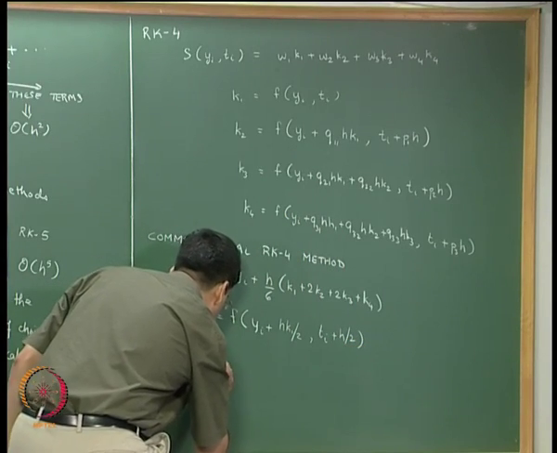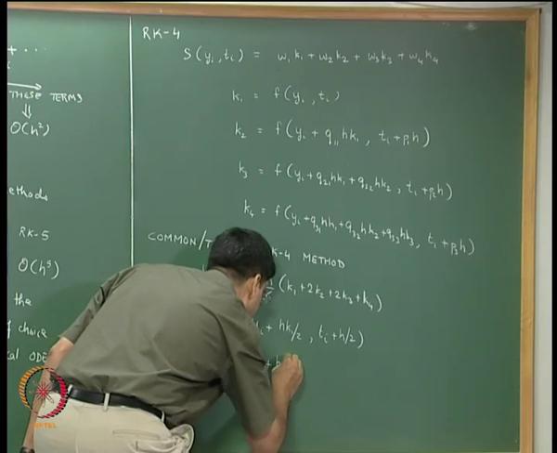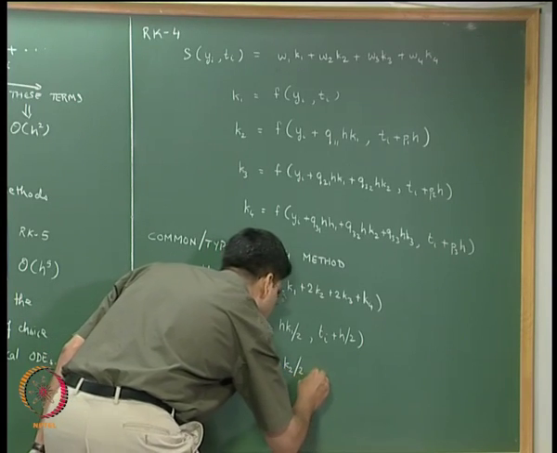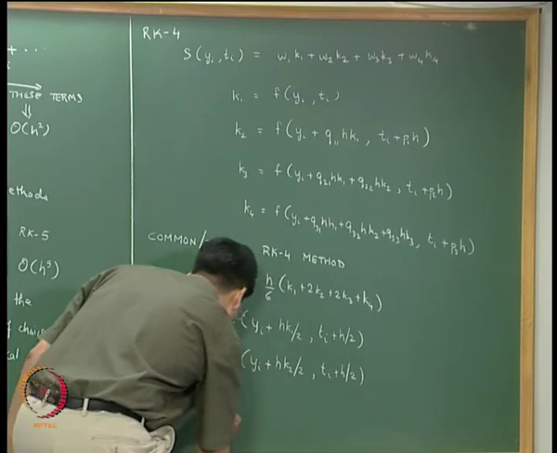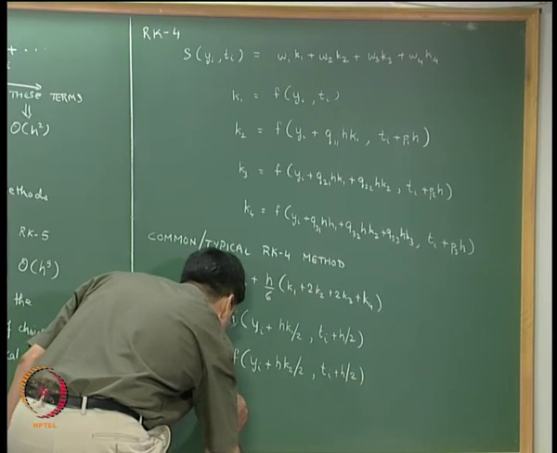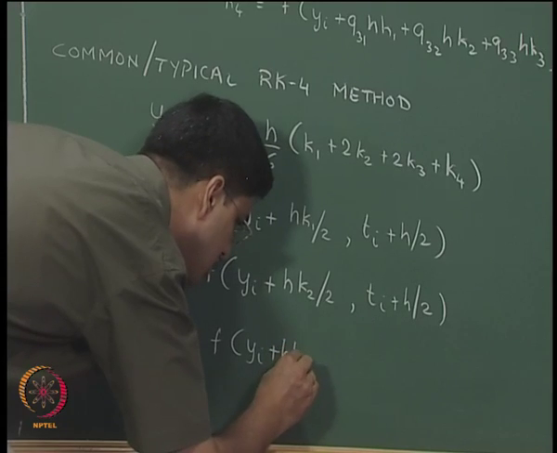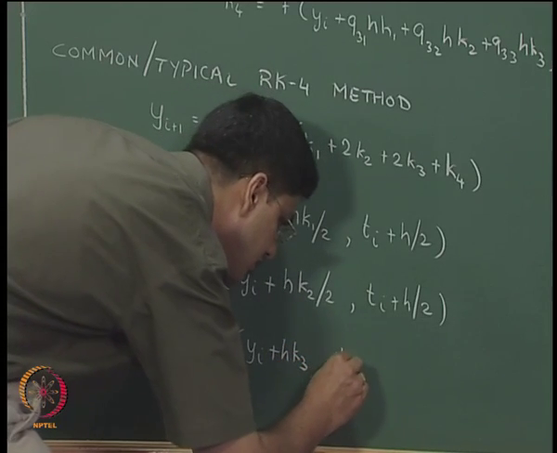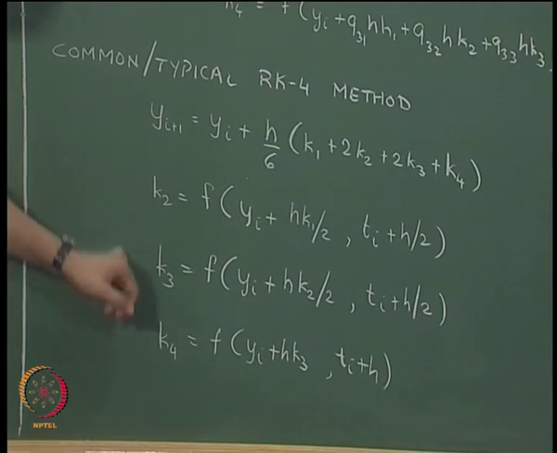K3 is f computed at yi plus h K2 by 2 comma ti plus h by 2. And K4 is f computed at yi plus h K3 and ti plus h. So this is the most typical RK4 method.